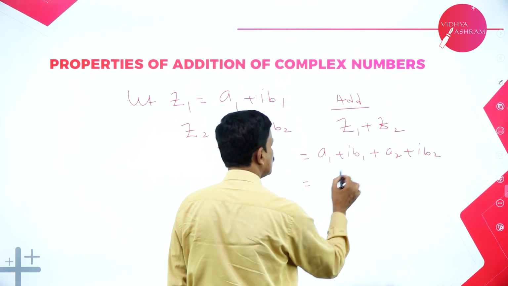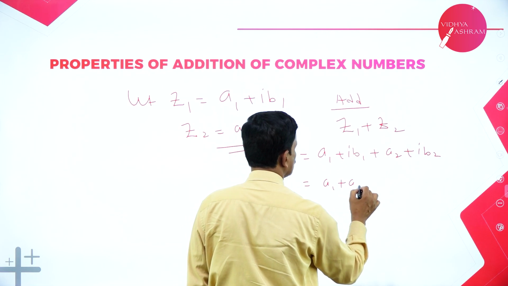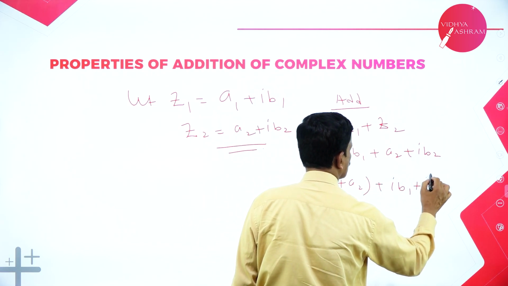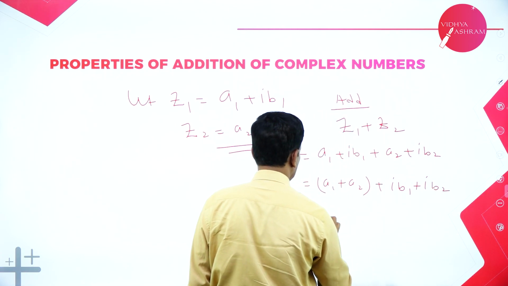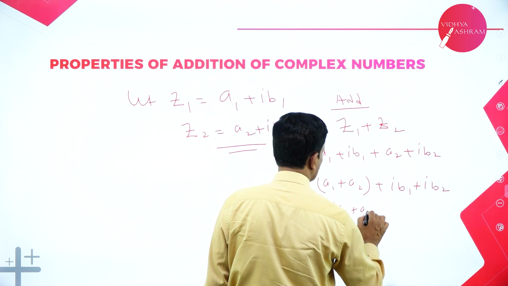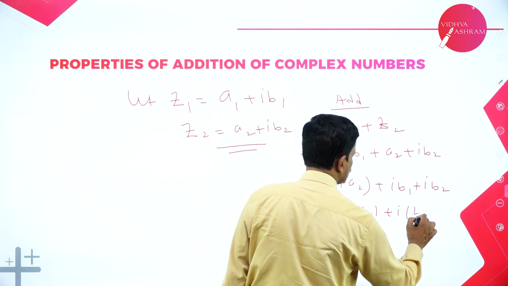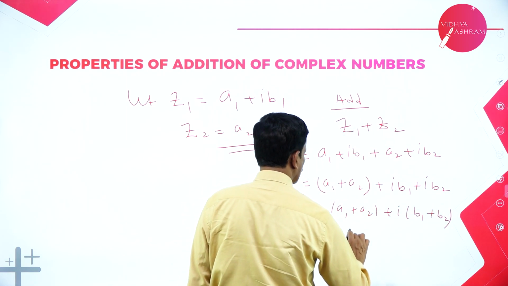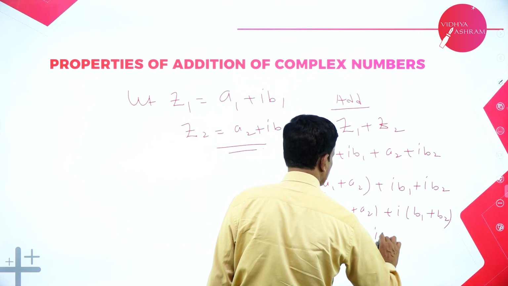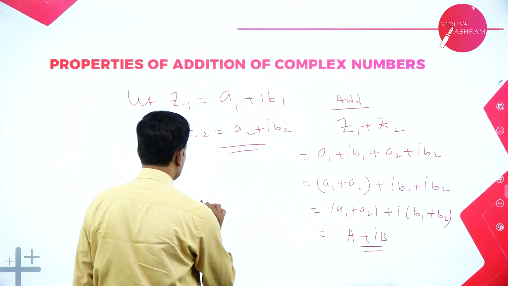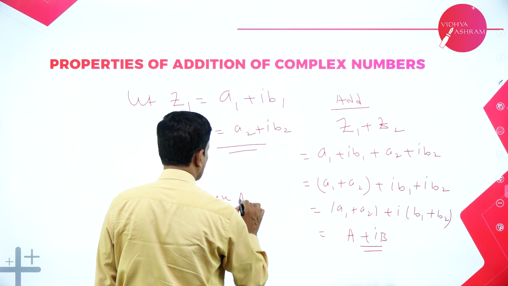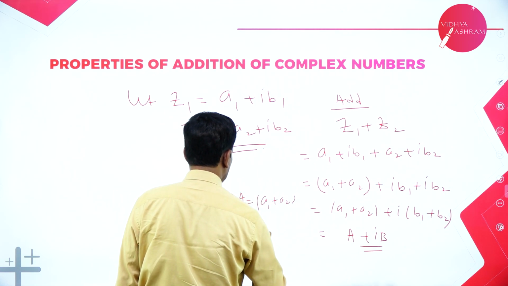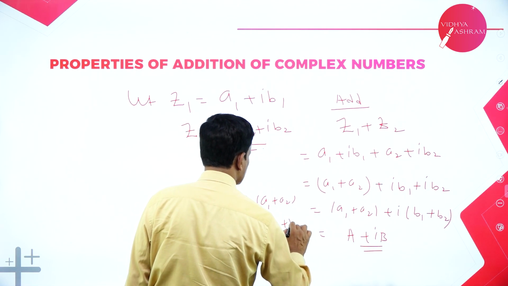Now just add the real parts, A1 plus A2, plus i into B1 plus i into B2. You can take the common factor: A1 plus A2 as it is, plus i is out, B1 plus B2. So this is again of the form A plus iB, where capital A is equal to A1 plus A2 and capital B is equal to B1 plus B2.